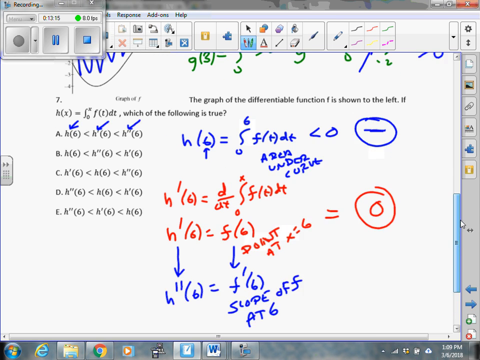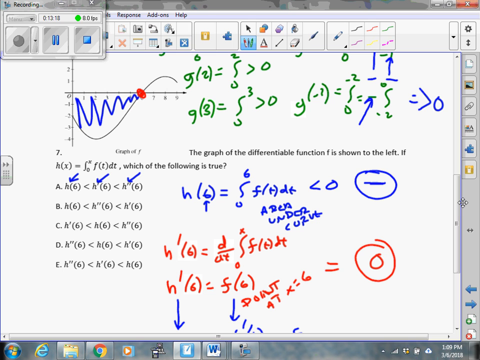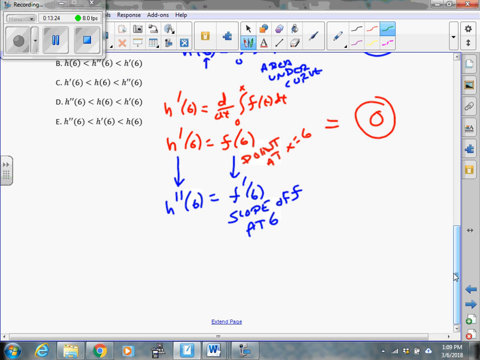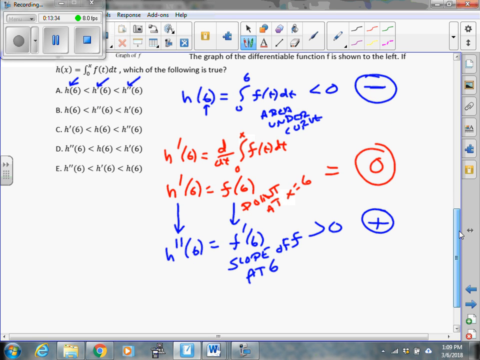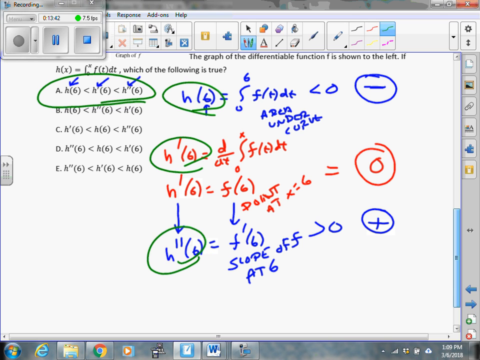Going back up to the graph, if I look at the slope at 6, I know for sure that is a positive number. Now all I have to do is order these guys. This one's negative, this one's 0, this one's positive. So this one is the smallest, biggest. A is the choice.